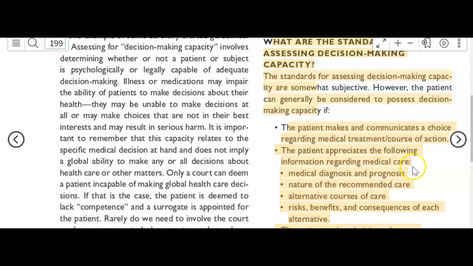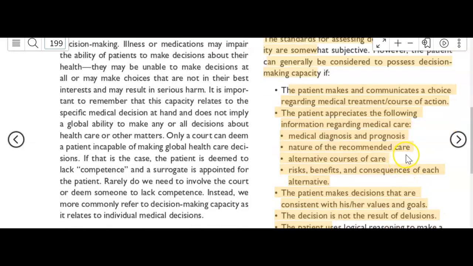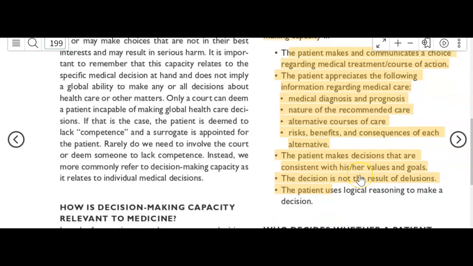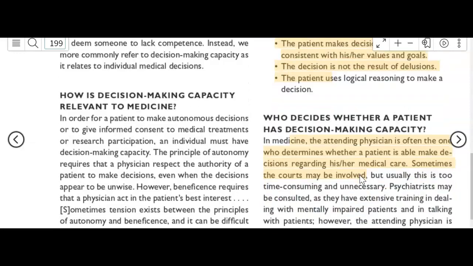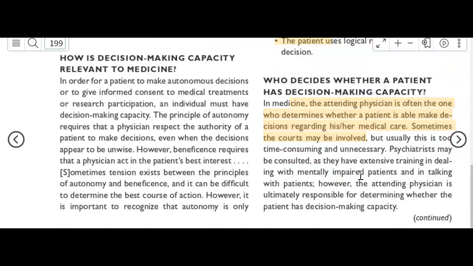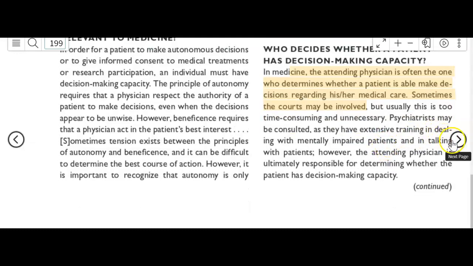The patient understands the medical diagnosis, the nature of recommended care, alternatives, what the other options are, risks and benefits, things like that. Typically, it's the attending physician who decides whether or not the patient is capable of making decisions. Sometimes the courts get involved. Sometimes psychiatrists might be consulted.